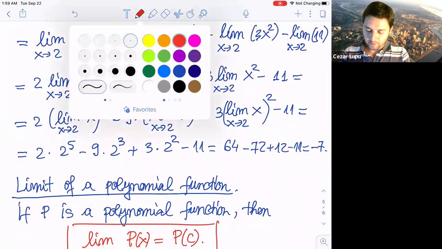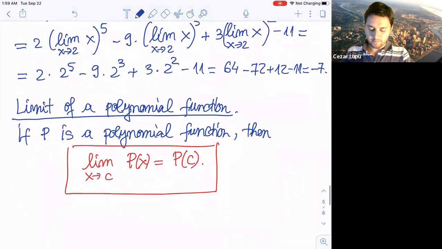And let me point out the remark so that things are clearer.